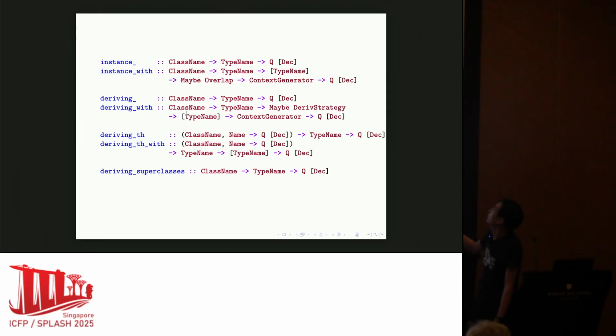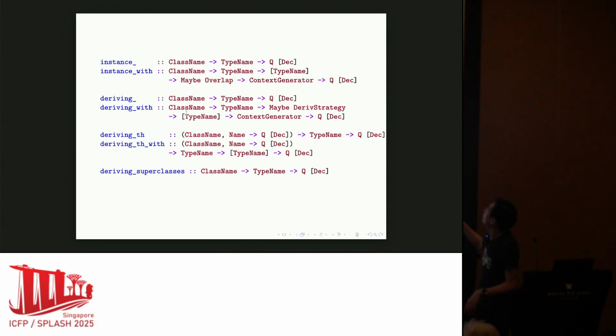For instance, you just provide a class name and a type name, and I will give you the declarations. And here, the functions ending with the word With, you can give some parameters to do some customization.